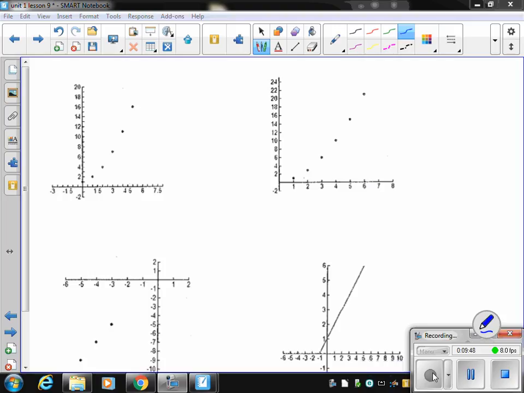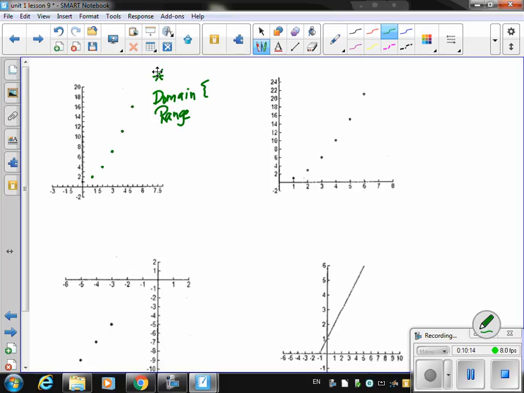Here's a couple of domain and range things that we haven't looked at for a while. For this first graph, I'm asking you to write the domain and the range. The domain is the acceptable x values. There are only x values here, here, here, here, and here.